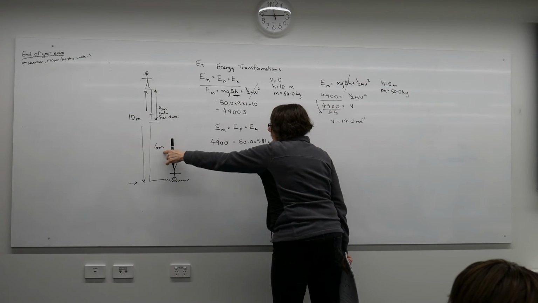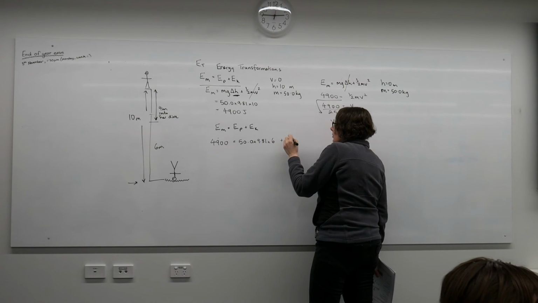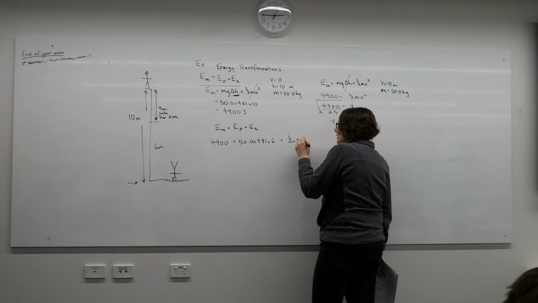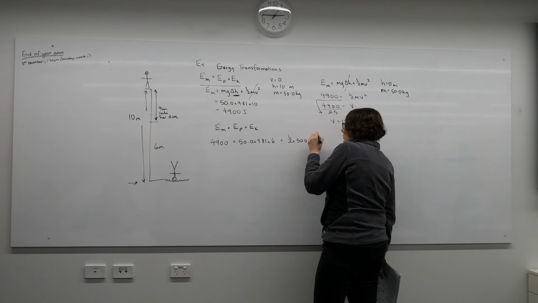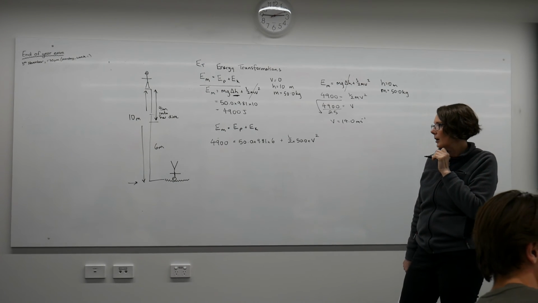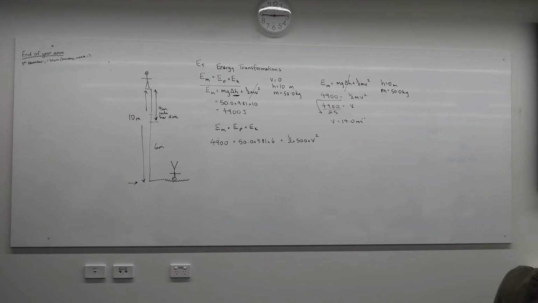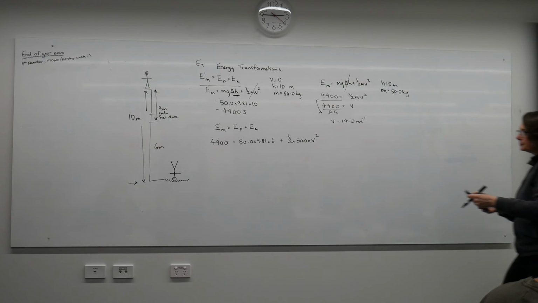This time our height is 6 meters above the ground. And then we've got a half times the mass times her velocity squared. And so we can now calculate her velocity, if she is 4 meters into her dive, which means that she's 6 meters off the surface of the water.